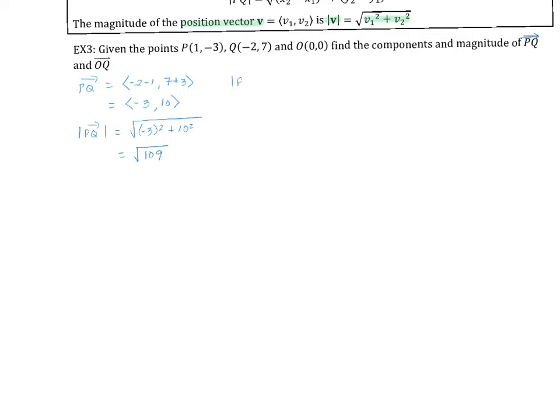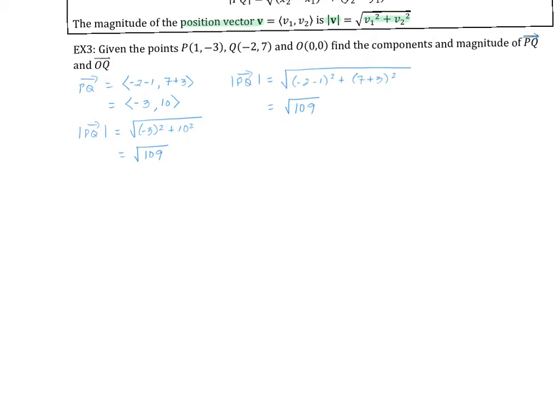I could have also just plugged in these values underneath the square root, which would have been -2 minus 1 squared plus 7 plus 3 squared. So I could have just used the distance formula straight away, and I would have gotten the same thing, 109.